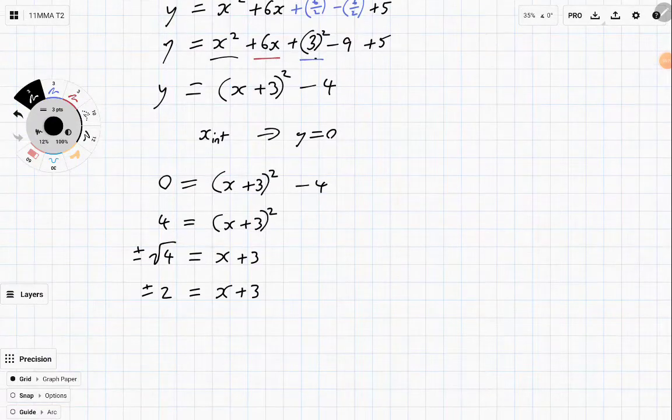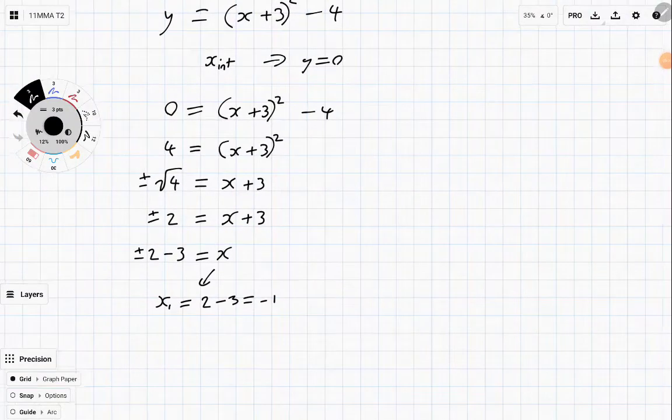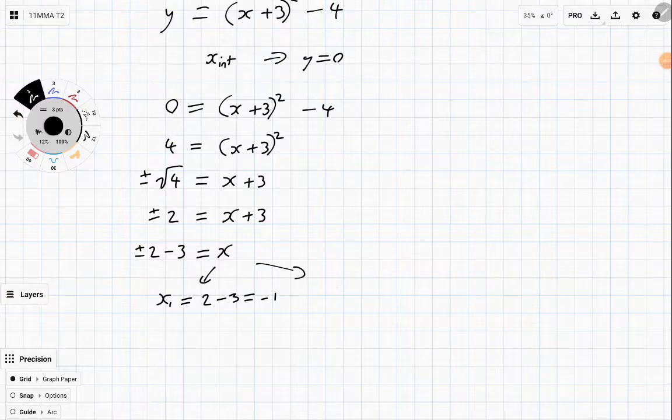Subtract 3 from both sides, and we get plus or minus 2 minus 3 is equal to x. So we've got two solutions. x1 is equal to 2 minus 3, or negative 1, when we take the positive, and when we take the negative, we get x2 is equal to minus 2 minus 3, which is minus 5.